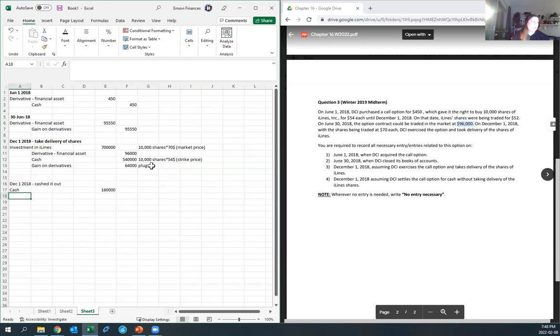They're going to have a gain or loss. And they're going to credit their derivative financial asset account for 96,000, and they have a gain of 64,000 again.